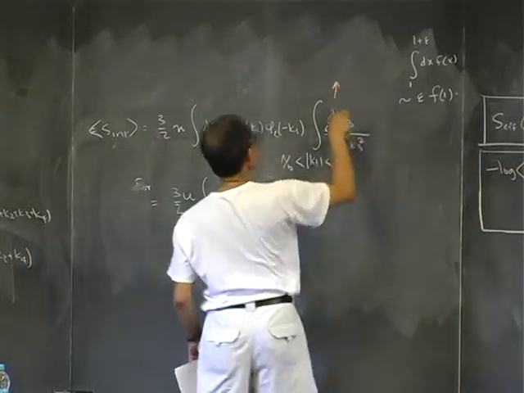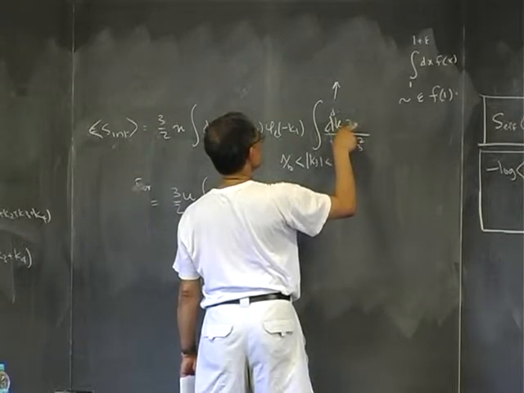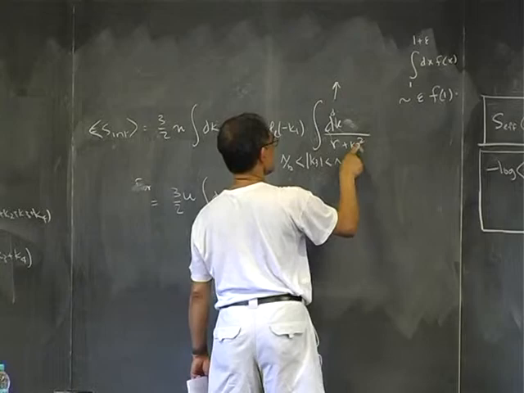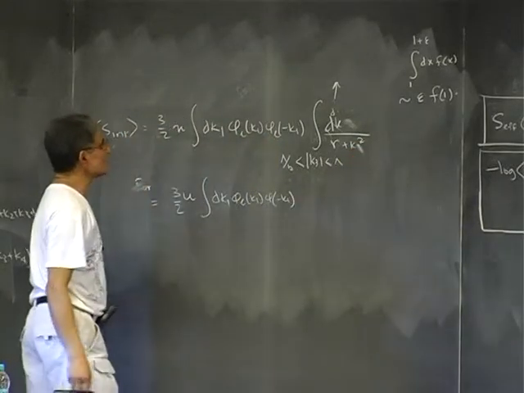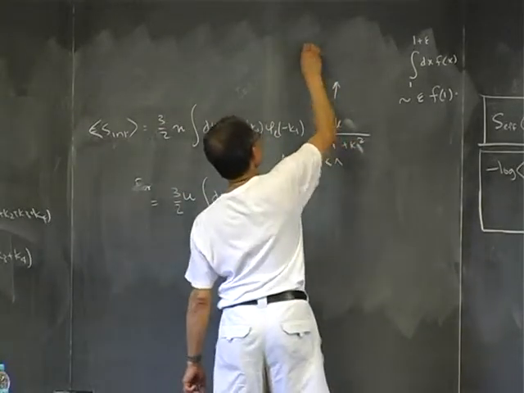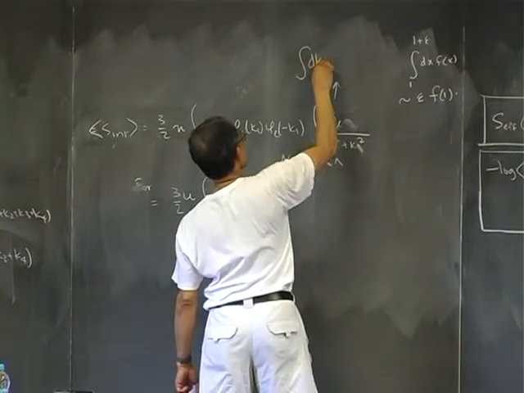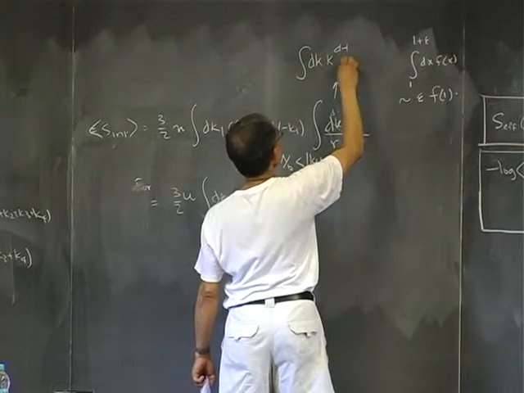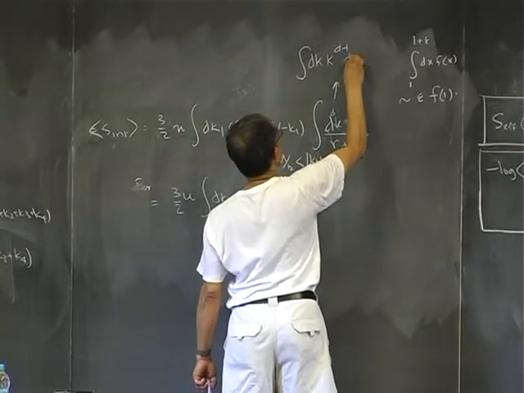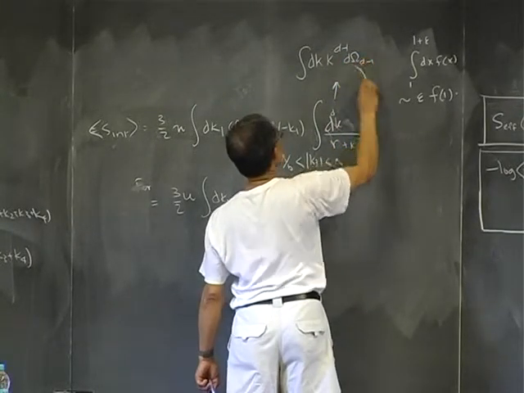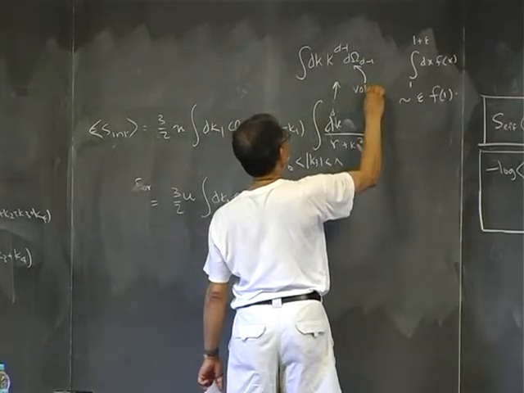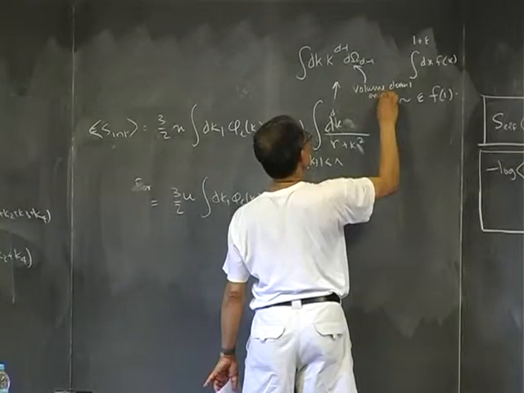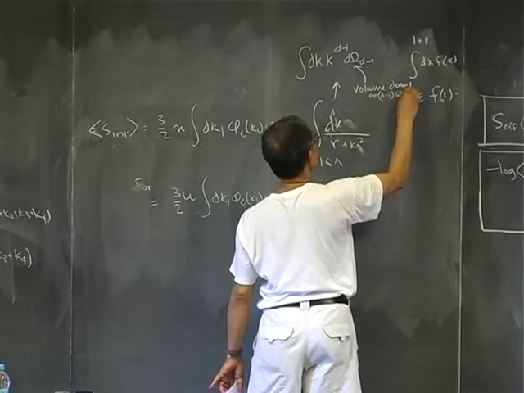this d-dimensional integral over, since it's an integration variable, I might as well just call it k, and remove that 3 from it. This d-dimensional integral can be written, the measure can be written in polar coordinates as k to the power d minus 1 dk times d omega, the volume element on a d minus 1 dimensional sphere.